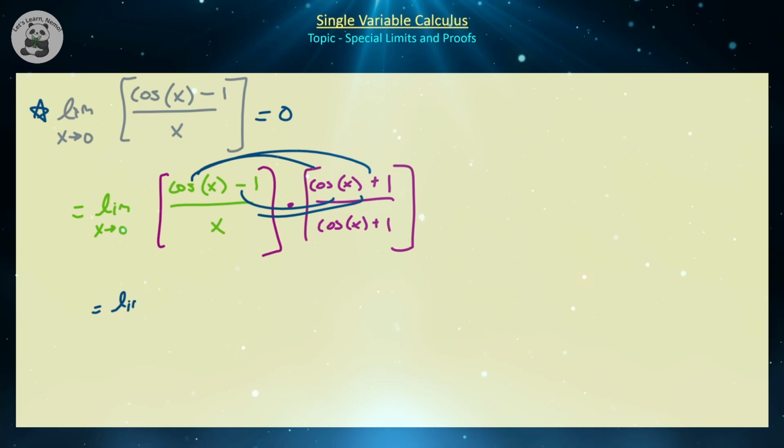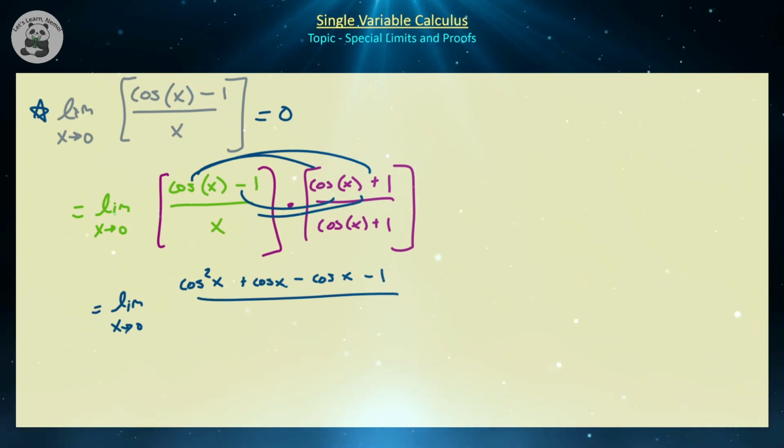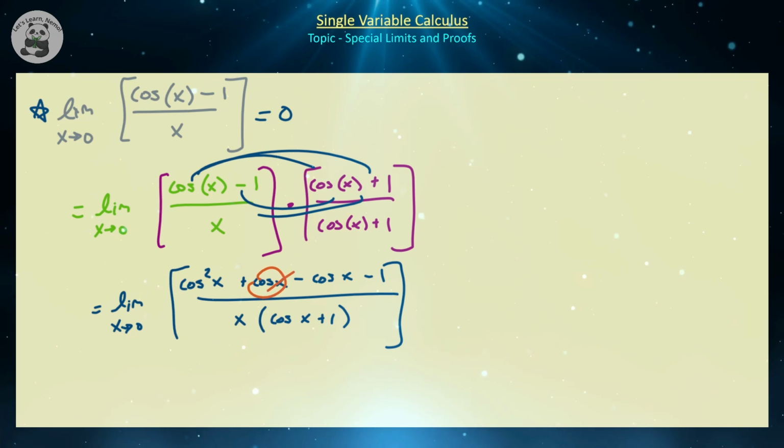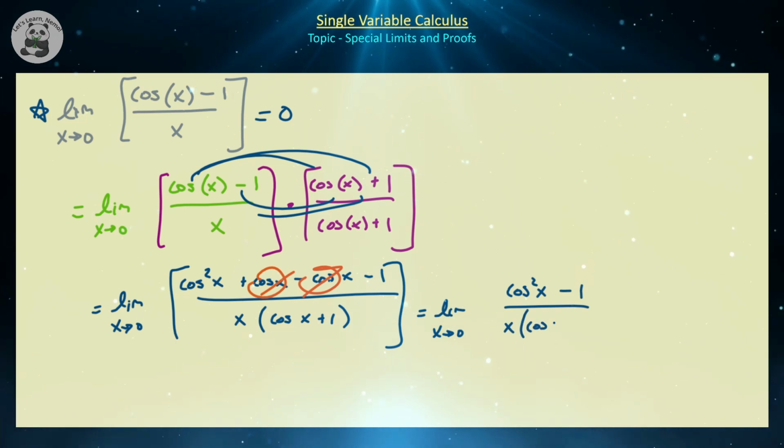So that's going to be equal to the limit as x approaches 0 of cosine x times cosine x, that's cosine squared x, and then cosine x times 1, which is cosine, and then minus 1 times cosine, which is minus cosine, and then we're going to have minus 1, and then on the bottom we're just going to be left with x times the cosine of x plus 1. So notice here we have these cosine of x's that cancel, which is actually pretty nice. And then we're going to be left with just the limit as x approaches 0 of cosine squared x minus 1 all over x times cosine of x plus 1.